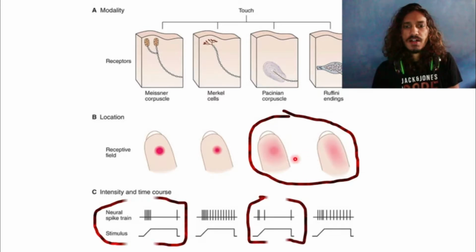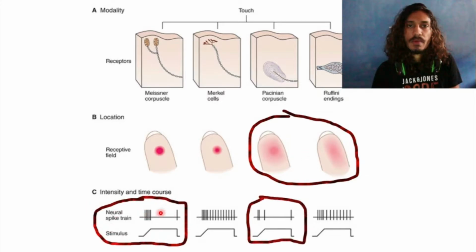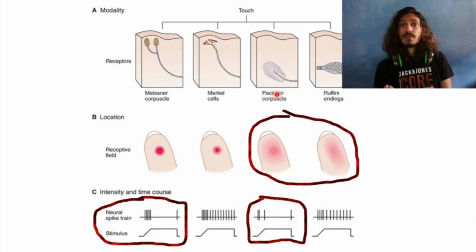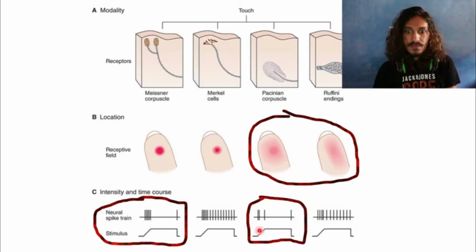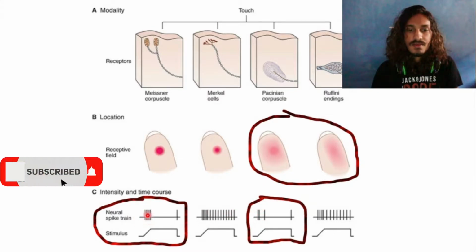Now we'll come to understand what we had mentioned about your adapting nature. The Meissner's corpuscle and Pacinian corpuscle, if you remember, are rapidly adapting in nature. Here you can see a stimulus being given. Here also you can see a stimulus being given. We've given a stimulus for the duration of that change. When that change was happening, both the corpuscles ended up detecting it, and there is a spike train.